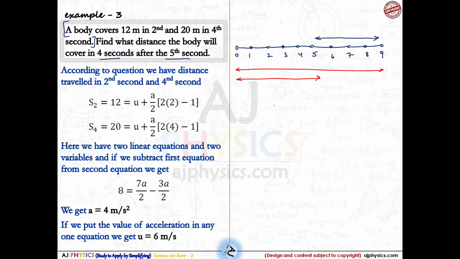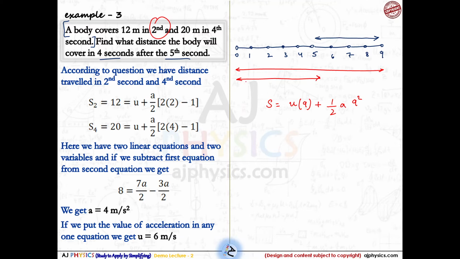So we can calculate the distance in 9 seconds. That will be u multiplied by 9 using the second equation of motion. Now this is a large duration of time. This was the particular duration of the time. So this is the large duration, so this will be plus half a multiplied by 9 square.